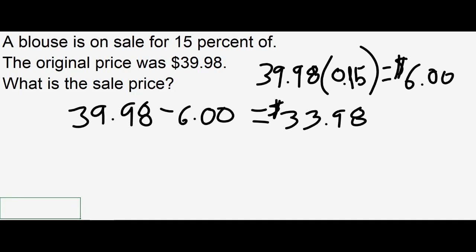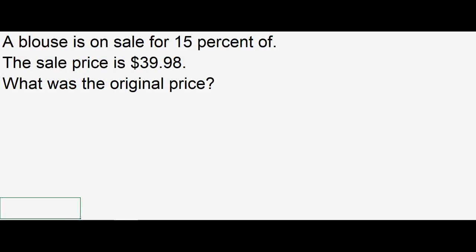Pretty straightforward. The problem most people seem to be having is with problems like this, where the sale price is 39.98. What was the original price? It gets complicated. The problem is people tend to multiply the 0.15 times the 39.98 and then add the 6, which gets you pretty close, but it's not exactly right, because the 0.15 really needs to be multiplied by the original price.